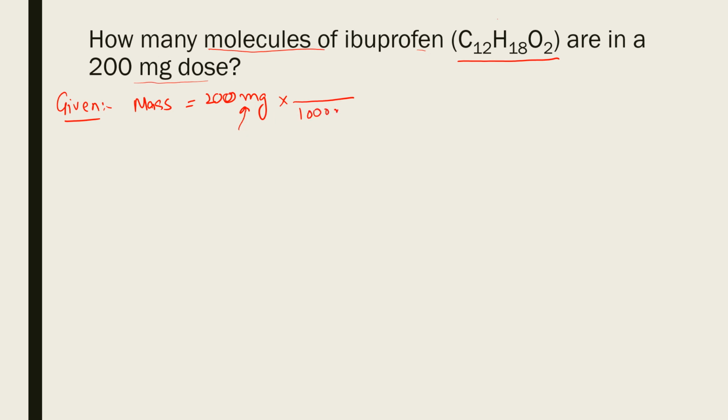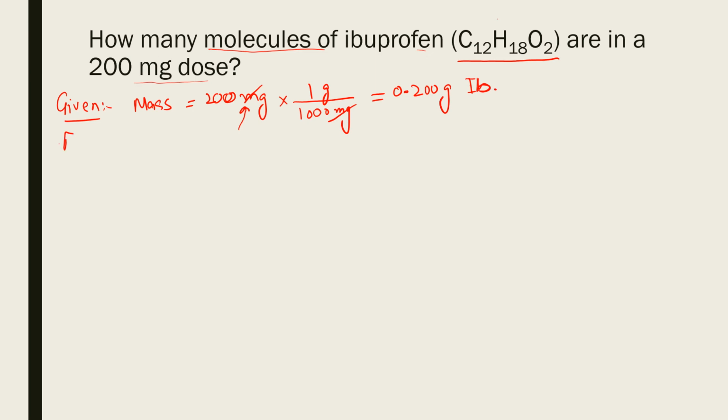So this would be the conversion factor. So milligram and milligram cancel, and when we solve it, it comes out to be 0.200 grams of ibuprofen. I'm just going to call it IB. IB means ibuprofen.